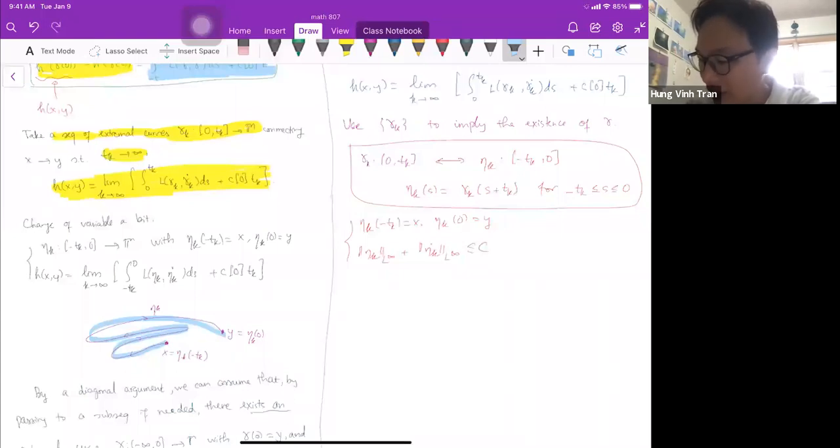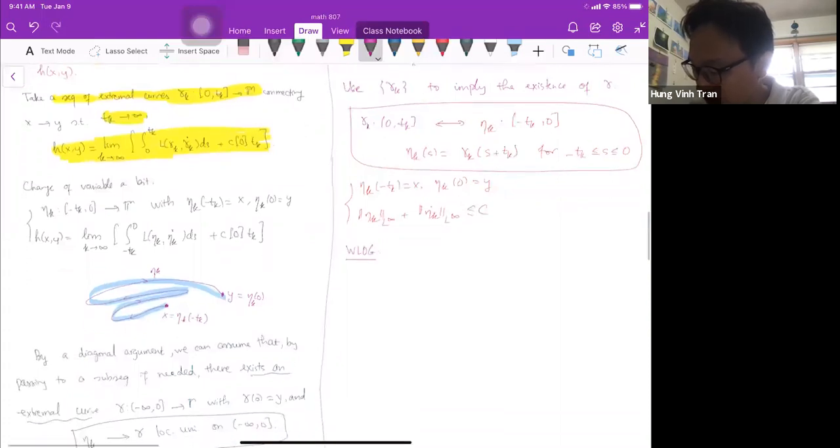So by a diagonal argument, you can find, again I'm using the same notation, without loss of generality, you can assume that eta k converges to gamma locally uniformly on minus infinity to 0, again by passing to a subsequence if needed.